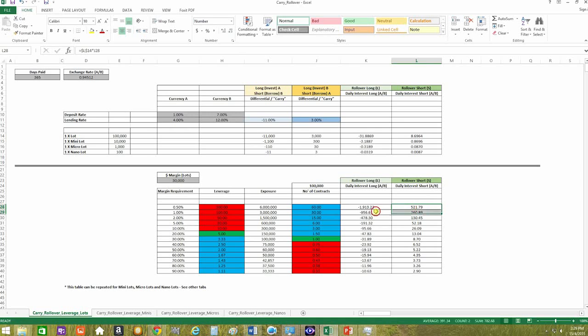Now that doesn't mean that you should go out and open a 0.5% margin requirement account, fully leverage up to this number and just put a currency pair on that pays. Because as we mentioned earlier, it's not just about whether your account receives a net credit.